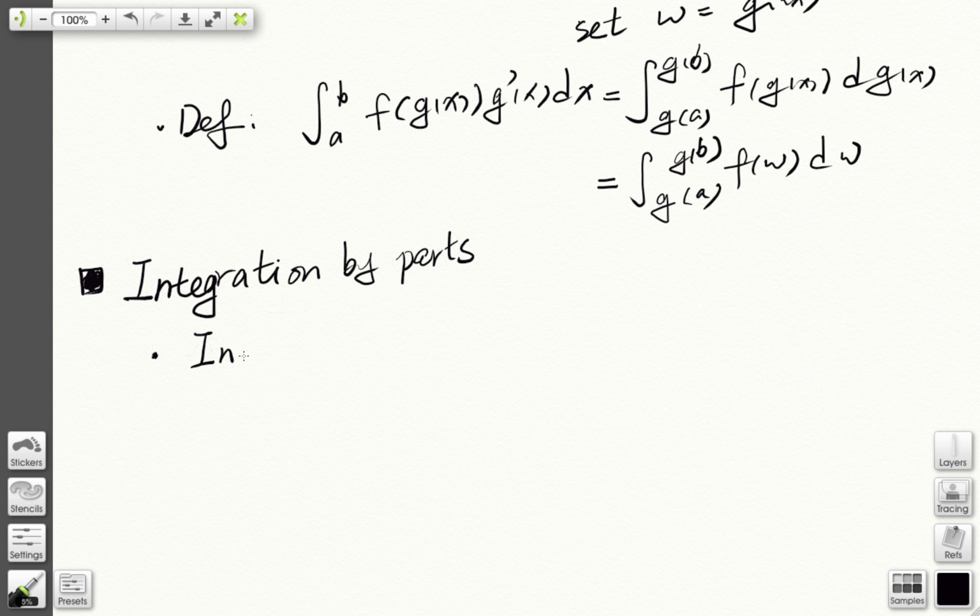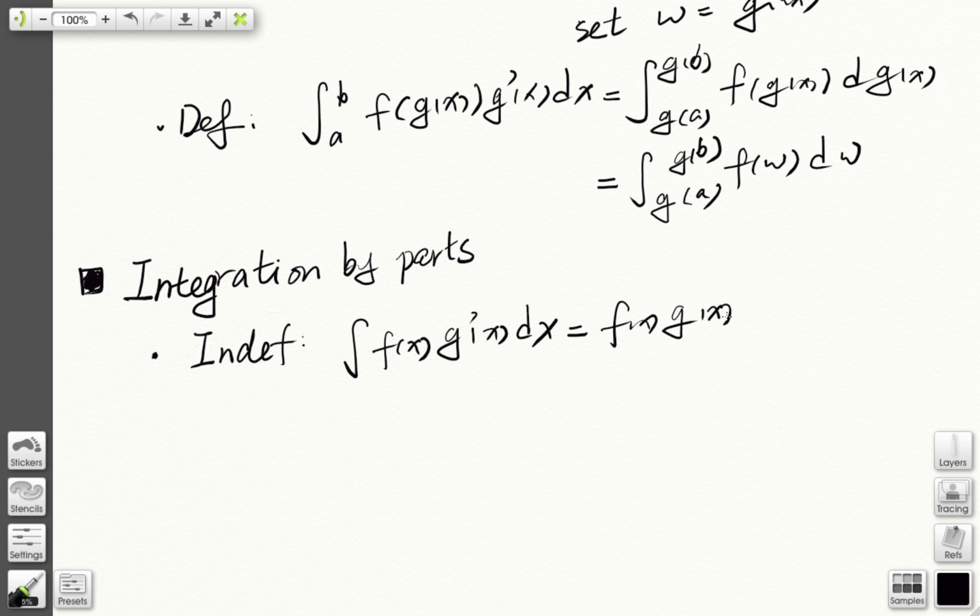The first is the indefinite version. If it's an indefinite integral, then we have the integral of f of x g prime of x dx equals f of x g of x minus the integral of f prime of x g of x dx. So this sort of switches the derivative.